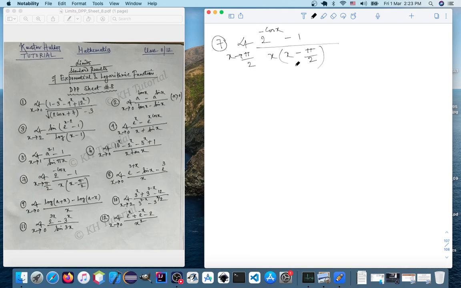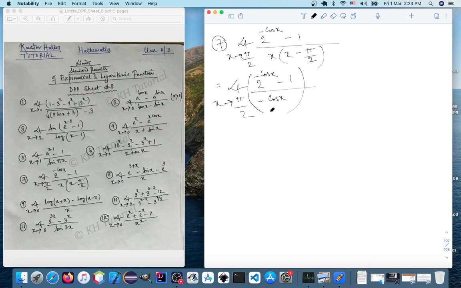First we try to complete the form of the standard result. We would like to have the same, 2 to the power minus cos x, this thing in the denominator.